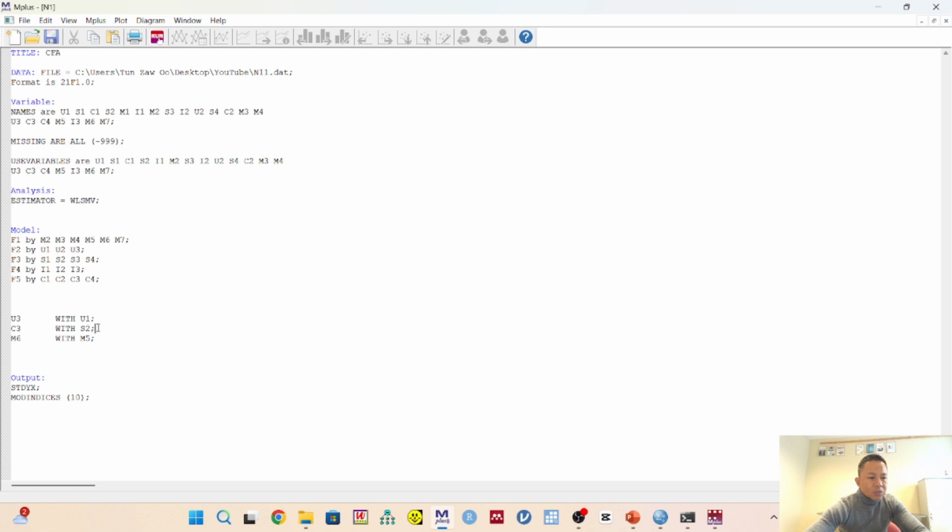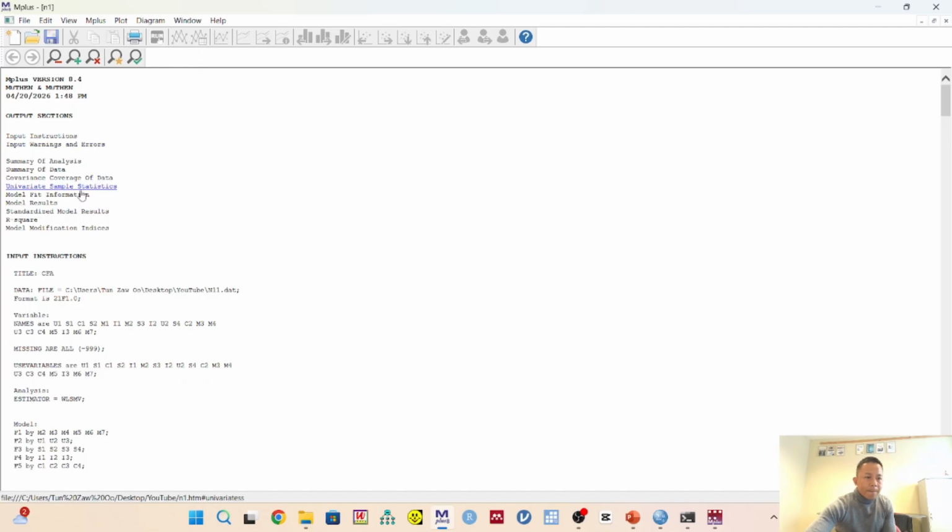And also S2 and C3, this is a different pattern correlation. That's why we cannot use this correlation. We can use only M5 to M6, the same pattern correlation items. This is okay. And then we will check whether these two correlations only work for the modification or not.